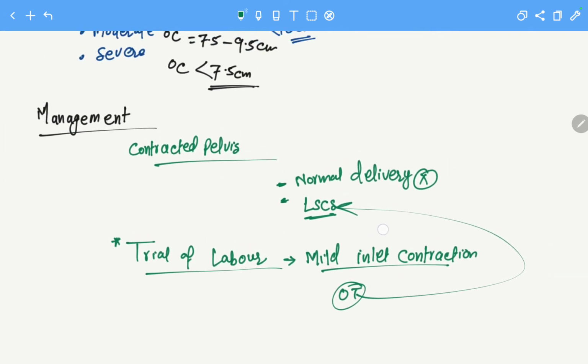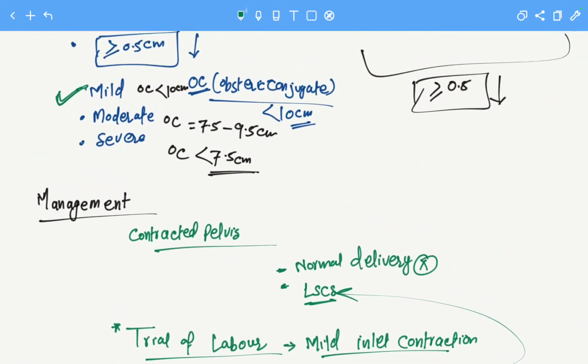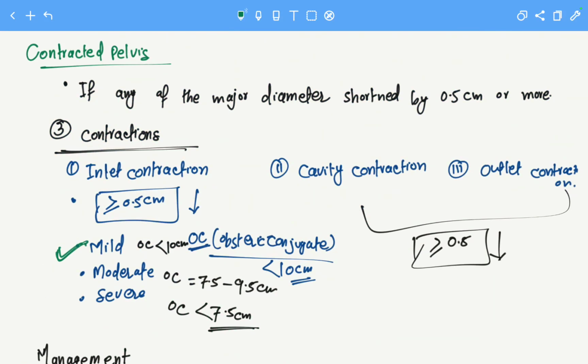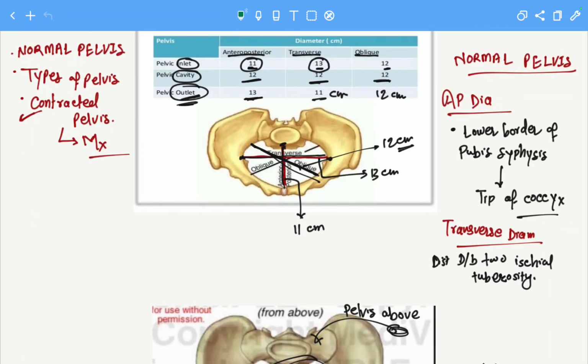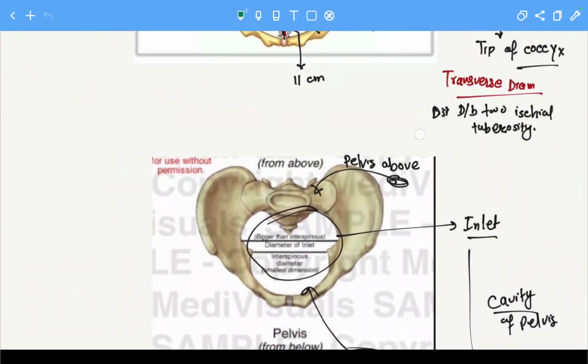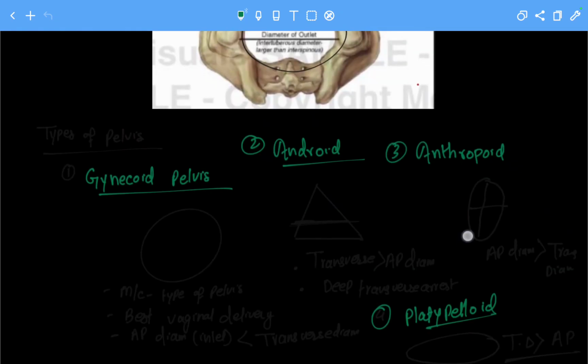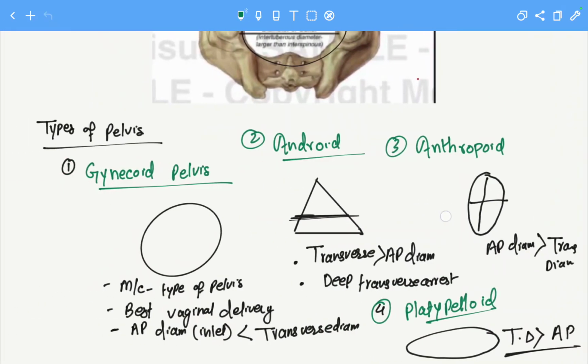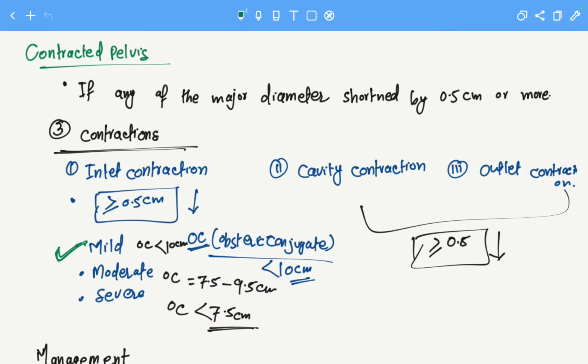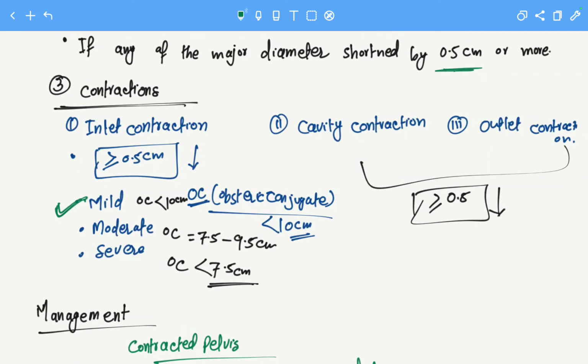So this is all about normal pelvis, where we have discussed the diameters, AP, transverse and oblique diameter, right? Types of pelvis: gynecoid, android, anthropoid and platyploid pelvis. And the next and the last topic that I have discussed here, the contracted pelvis, that means the diameter would be shortened by 0.5 centimeter. Three types of contraction, that is inlet, cavity contraction and outlet contraction.